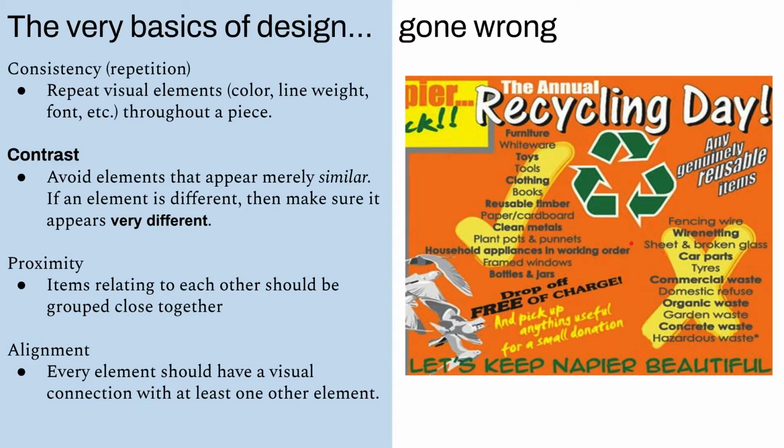Alignment is a problem. There is alignment with this list, so I can sort of piece together that this list is separate from this list and it's separate from all the other font. But then there's no real relationship between this list and any of the other words on here. There's certainly no relationship with this list. And so they sort of float off in space.